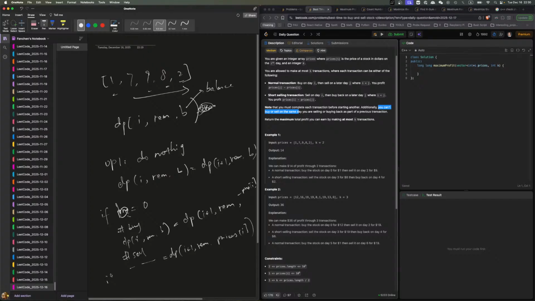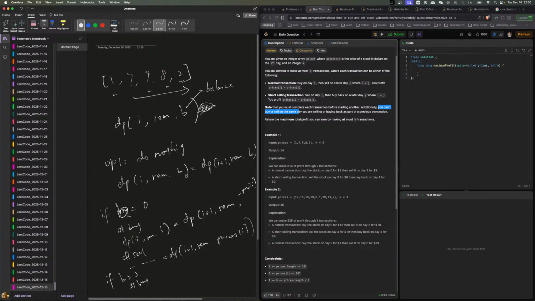So if B is larger than 0, which means we sold in the past, then we cannot sell again. We have to either buy or not do anything. But we already handled don't do anything. So we can only buy back.